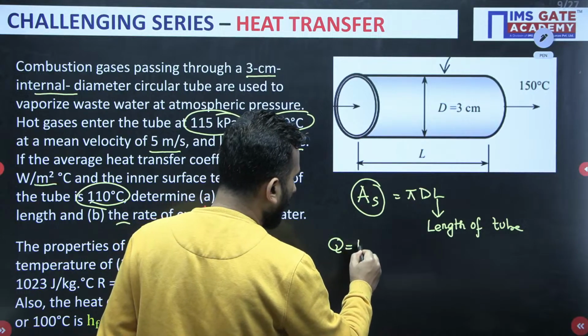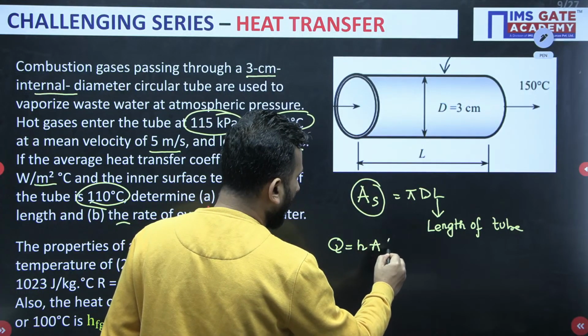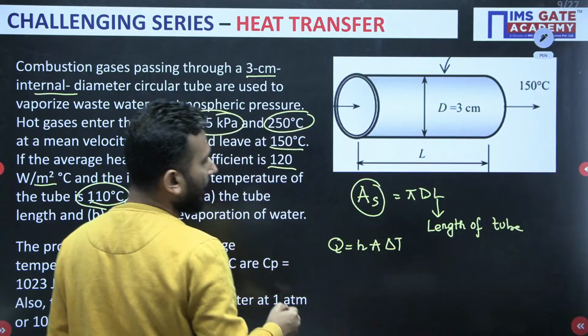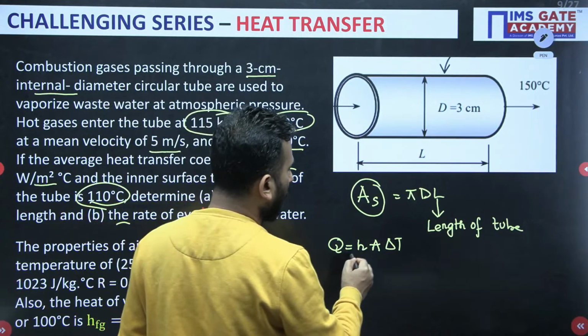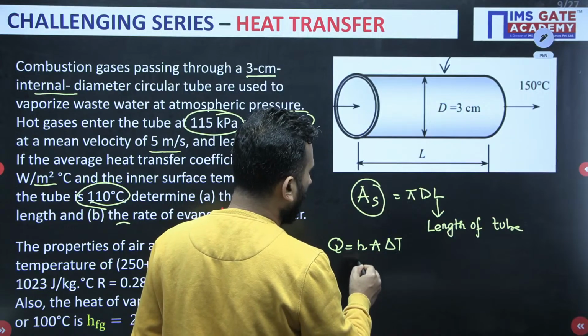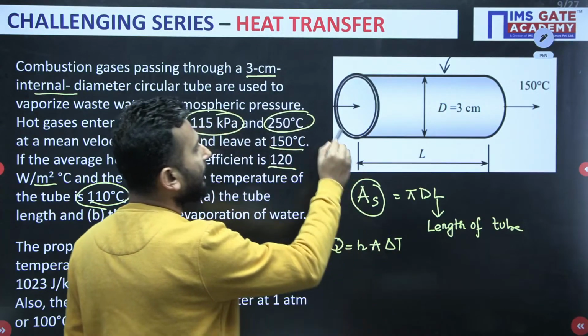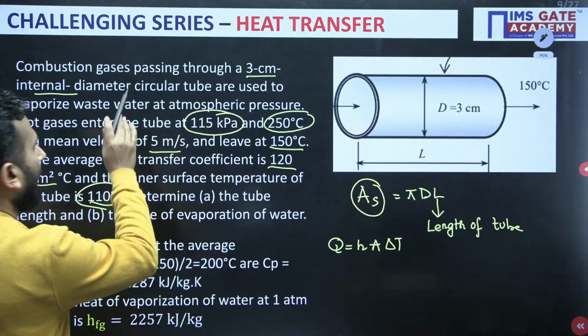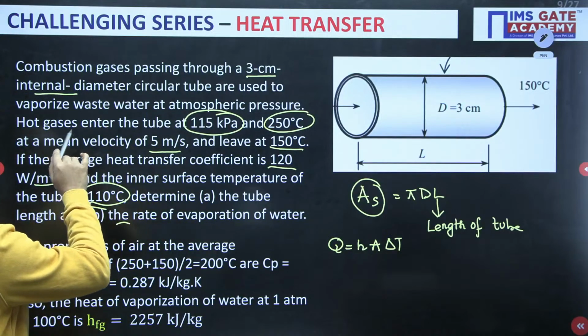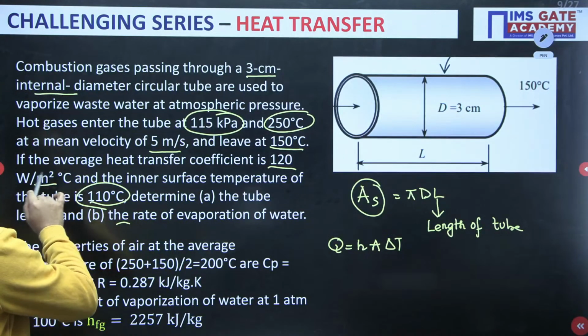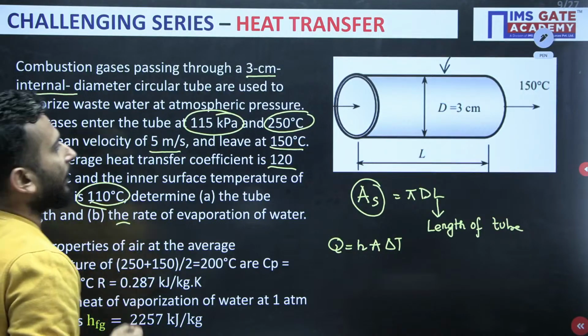Q is equal to h A delta T. So Q we have to find out, A we know. Now what is delta T? Delta T is the difference, at any section, between the hot gases and the wastewater temperature.